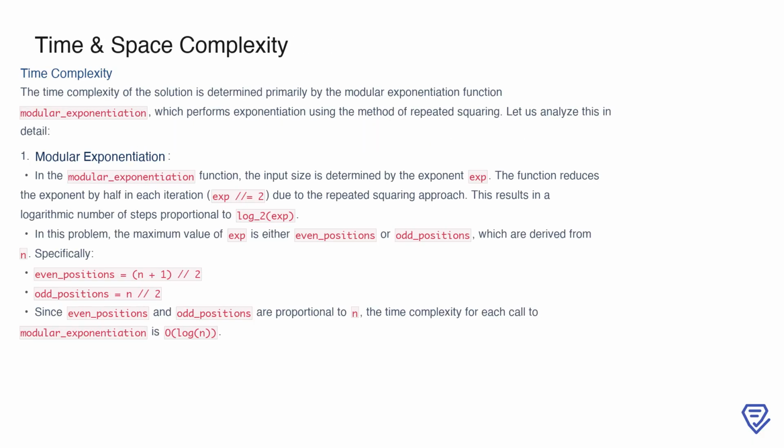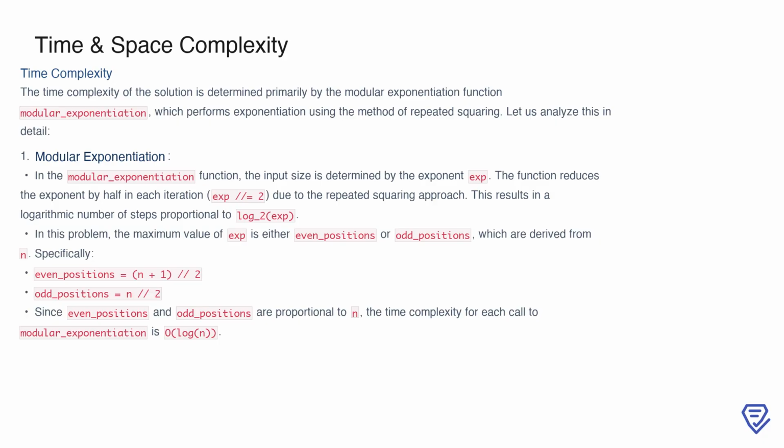The time complexity of our solution is primarily driven by the modular exponentiation function. This function, called modular_exponentiation, uses the method of repeated squaring to calculate powers under a modulus efficiently. The number of iterations in this function is logarithmic with respect to the exponent, as the exponent is halved in each step.